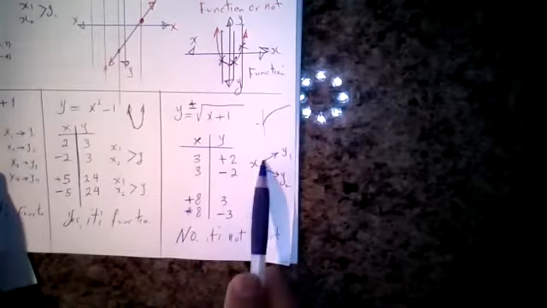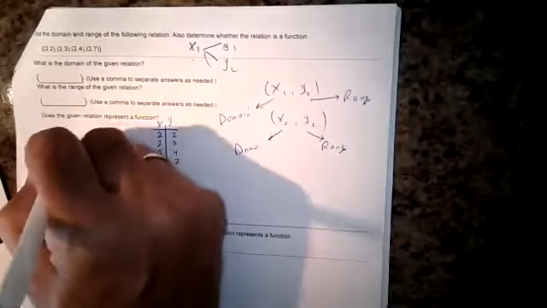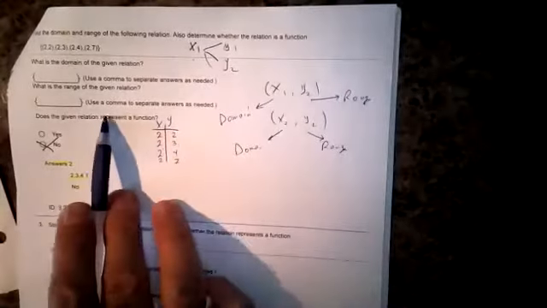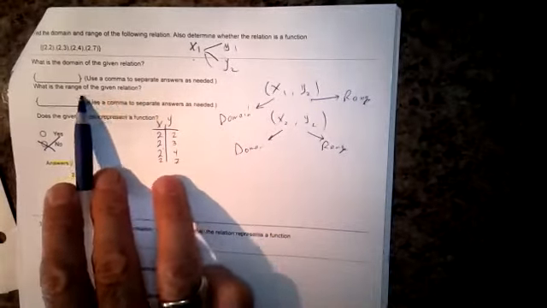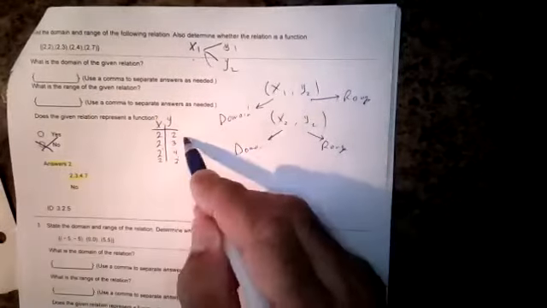X's are the same, but y are different, right? So that is an indication of not a function. See? So no, it's not a function. And it asks you, what's the range? Range is all these numbers.